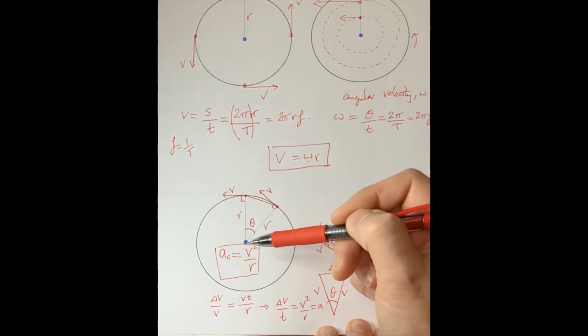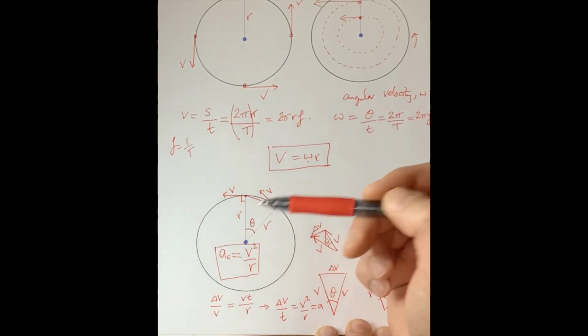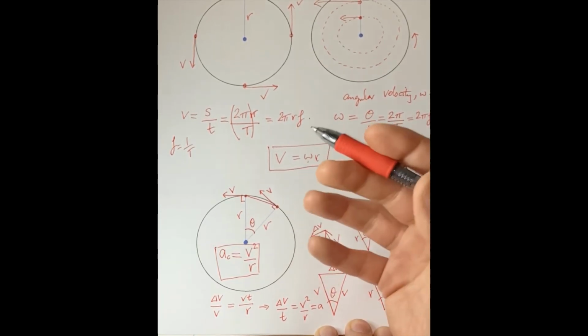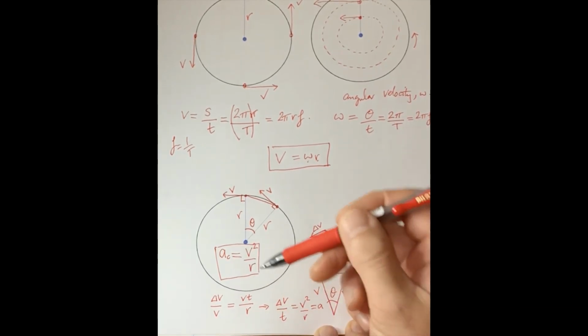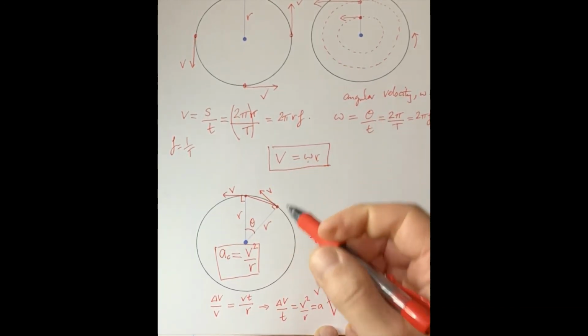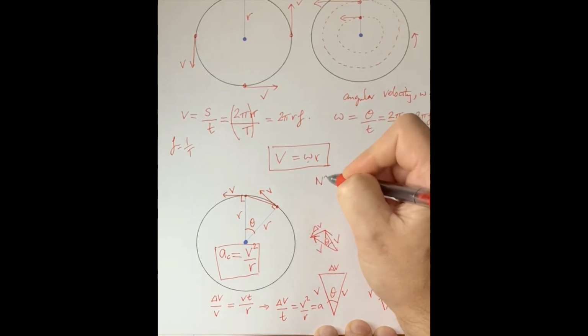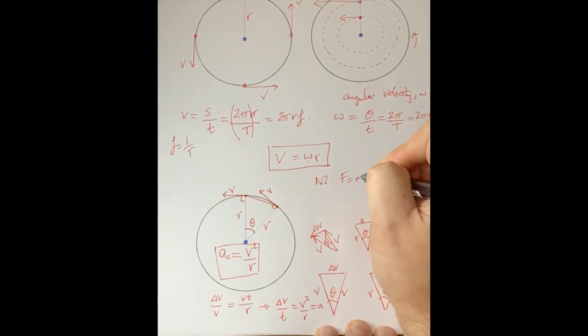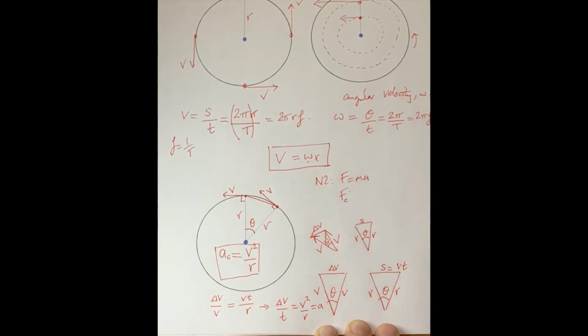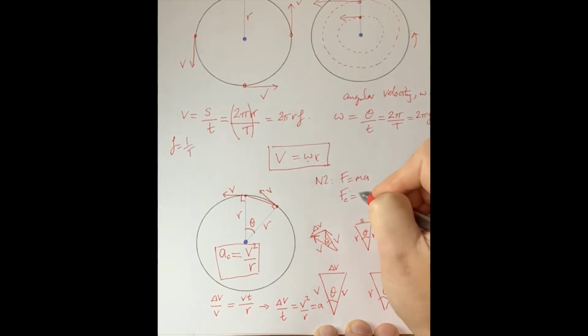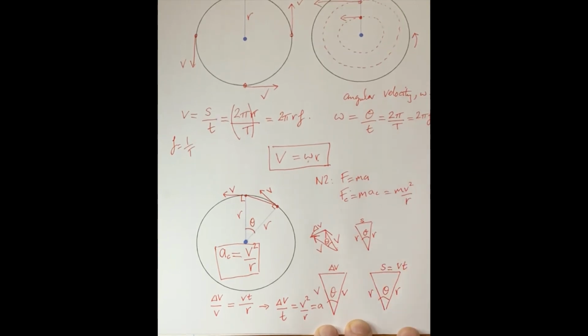Now, if something's going to accelerate, there must be a resultant force, and the resultant force must act in the direction of the acceleration. And thinking about Newton's second law, F equals ma, we're simply saying that the centripetal force is equal to the mass times the centripetal acceleration, and that is mv squared over r.